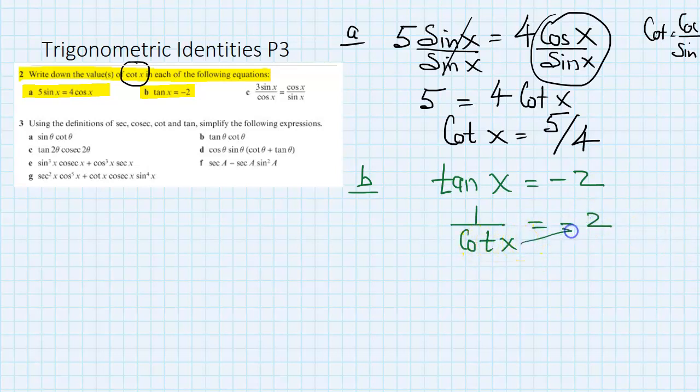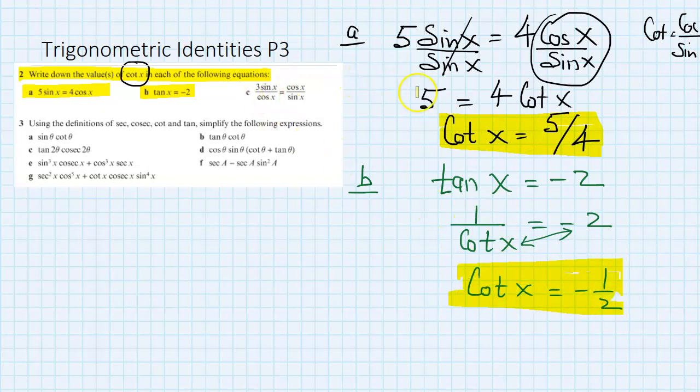We can interchange these two values. So cot x is equal to minus 1 over 2. So you can see that from this equation we got the value of cot x. You can try this part yourself.